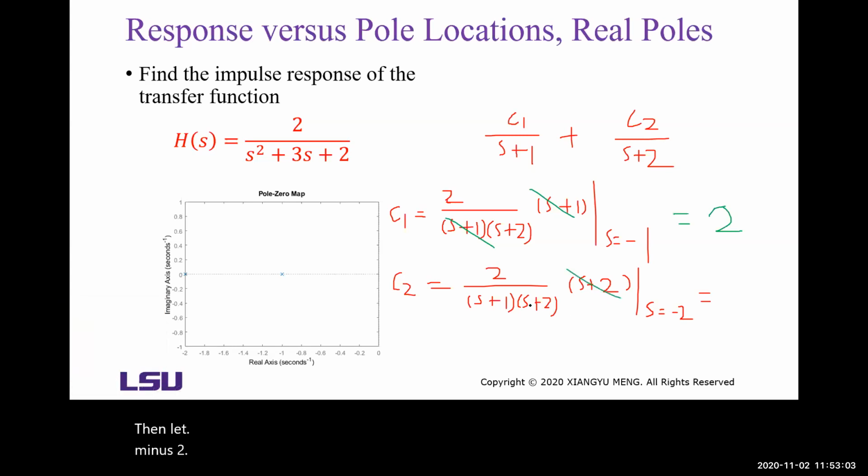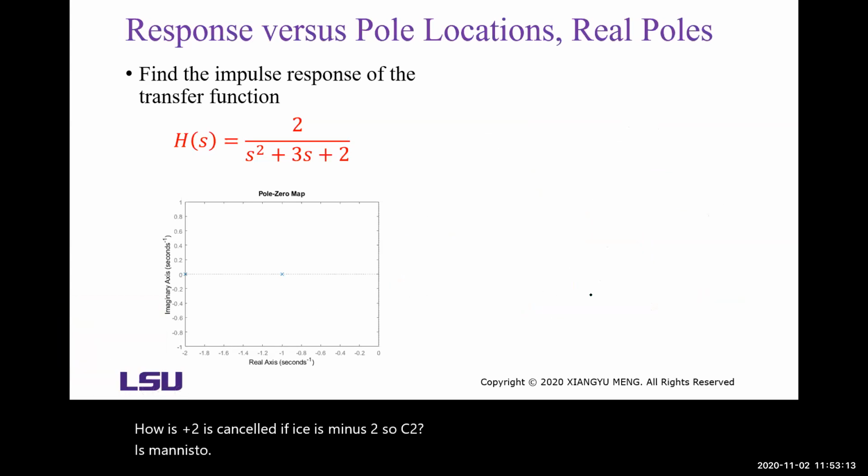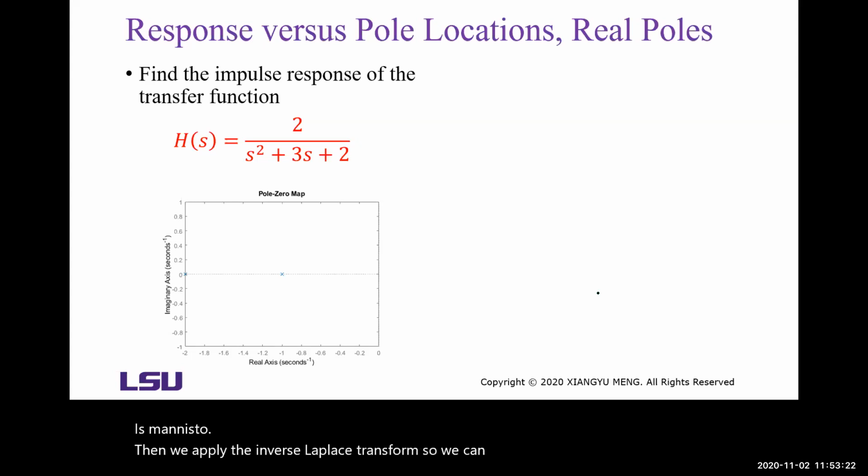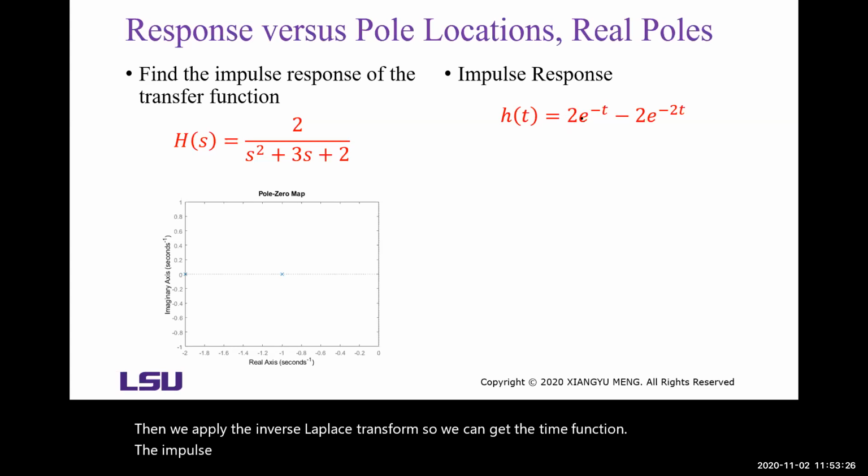The s + 2 is cancelled. If s is minus 2, C2 is minus 2. Then we apply the inverse Laplace transform, so we can get the time function. The impulse response is 2 exponential minus t minus 2 exponential minus 2t.